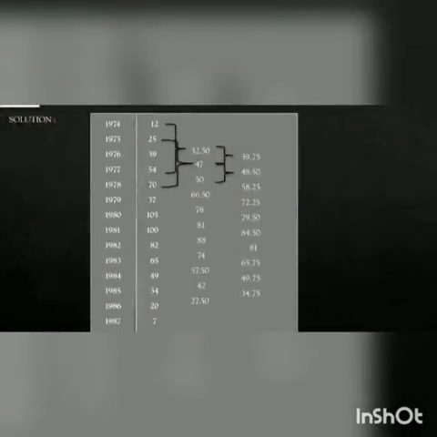Here is the solution. First step is to add up the values of the first 4 years and place the sum against the middle of the second and third years.